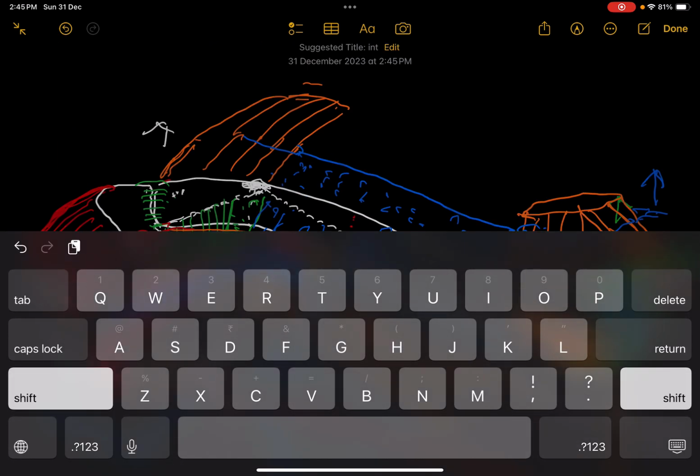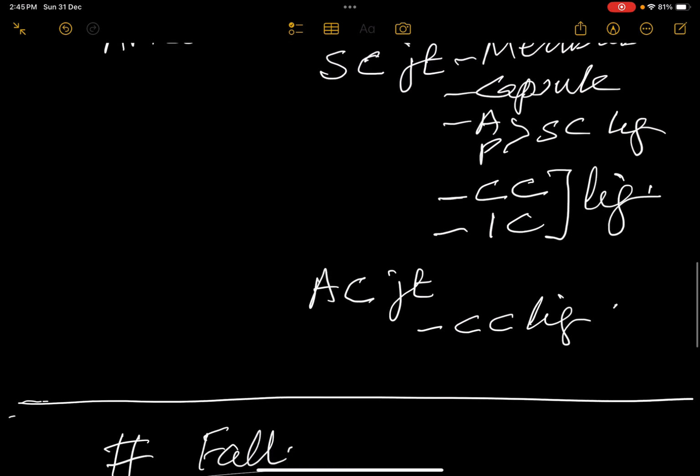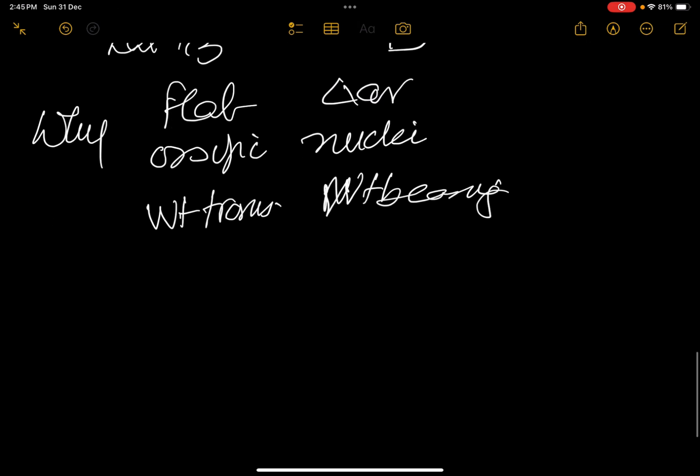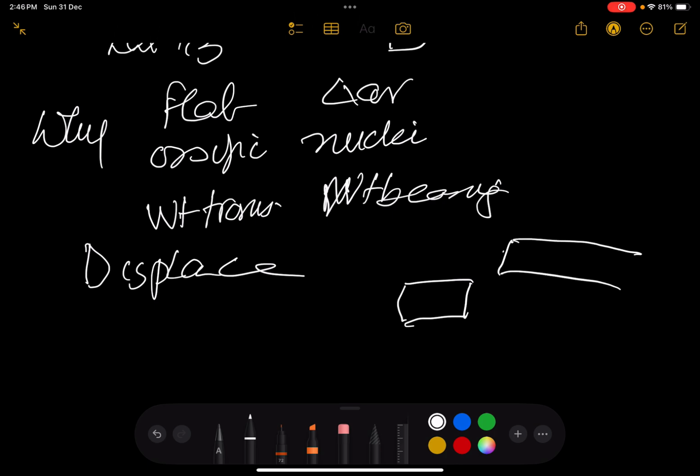Then what is the displacement? The distal fragment will go downwards, forwards and medially in relation to the proximal fragment.